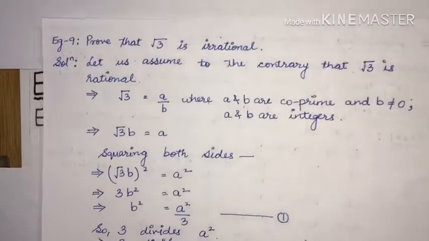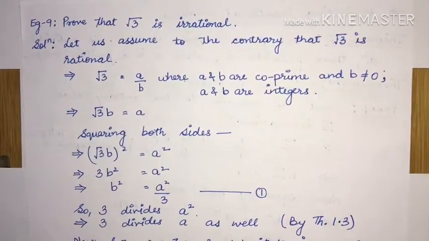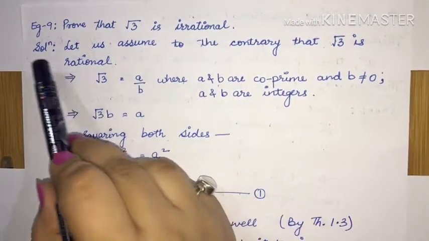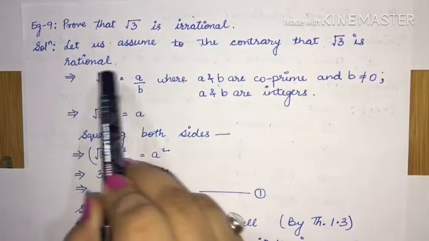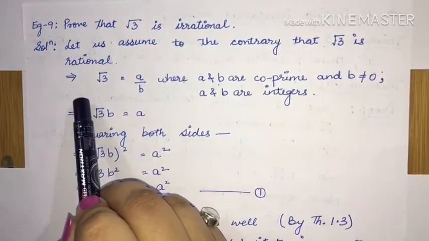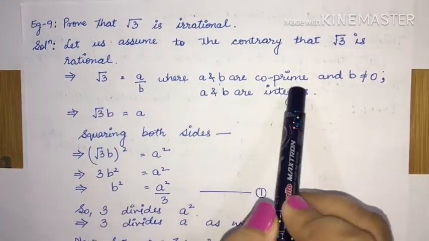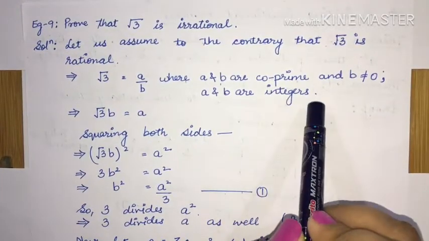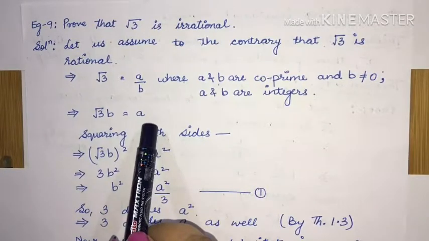Now let's move on to the next part, which is Example 9, which says: prove root 3 is irrational. Solution: let us assume to the contrary that root 3 is rational, which implies root 3 is equal to a upon b, where a and b are co-prime, b is not equal to 0, and a and b are integers, which implies root 3 b is equal to a.